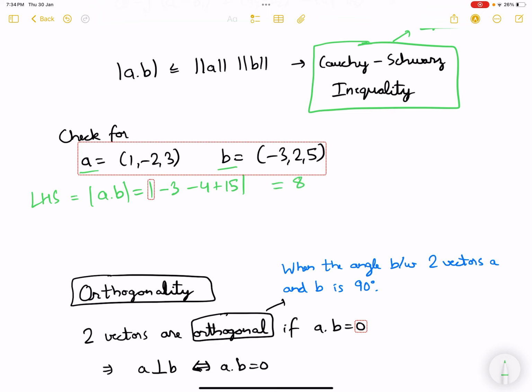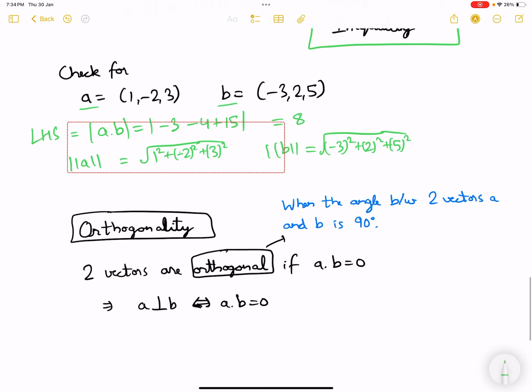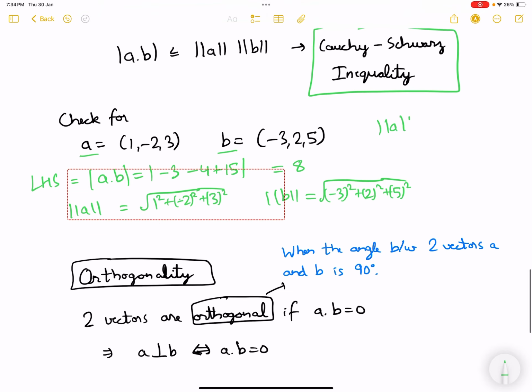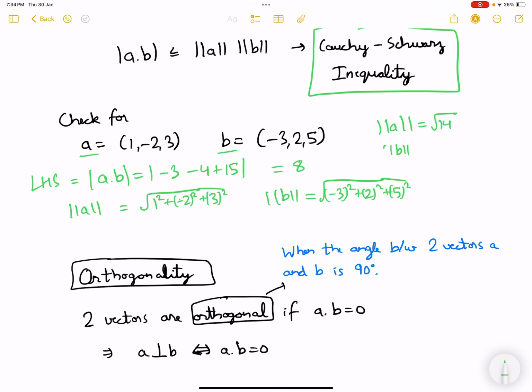Whereas length of a is the square root of 1 square plus minus 2 square plus 3 square, and length of b is the square root of minus 3 square plus 2 square plus 5 square. So length of a is 1 plus 4 plus 9, under root 14, and length of b is 9 plus 4, 13, 13 plus 25, 38.